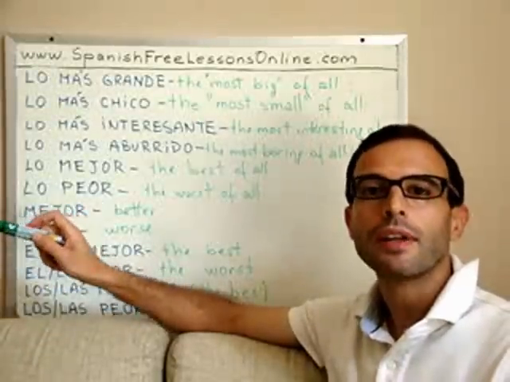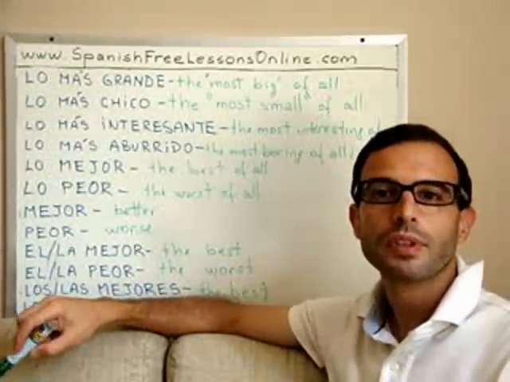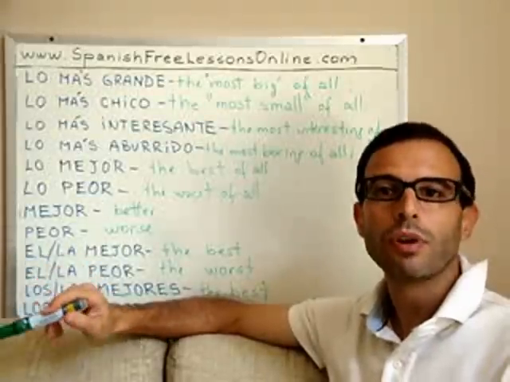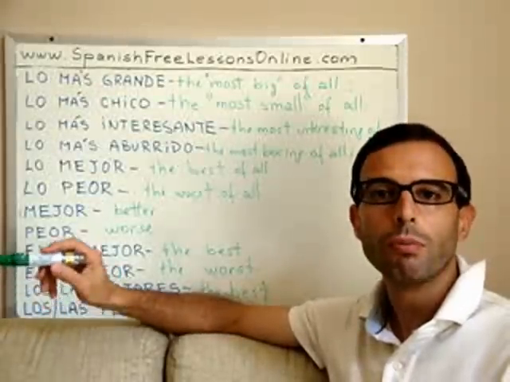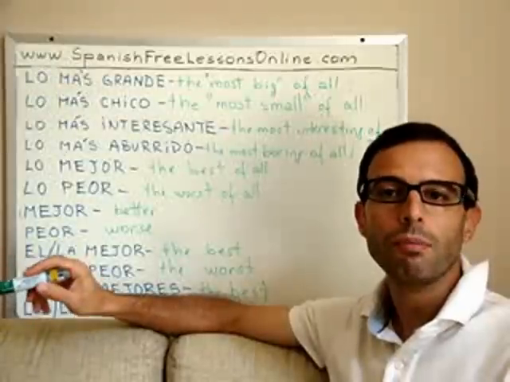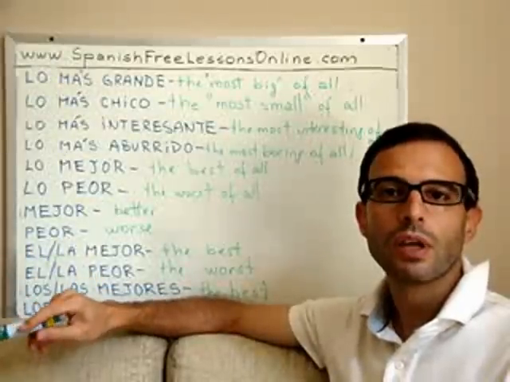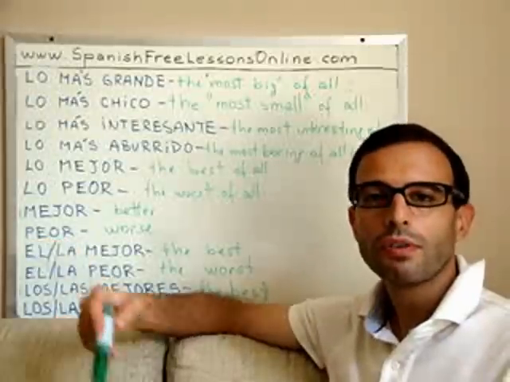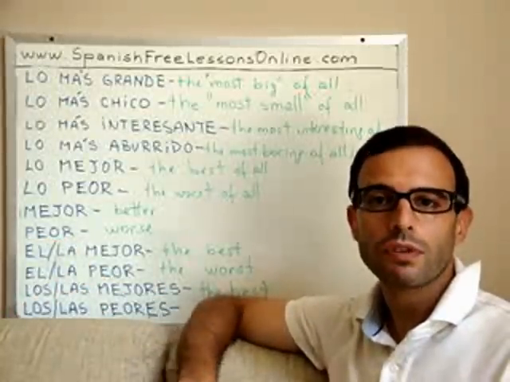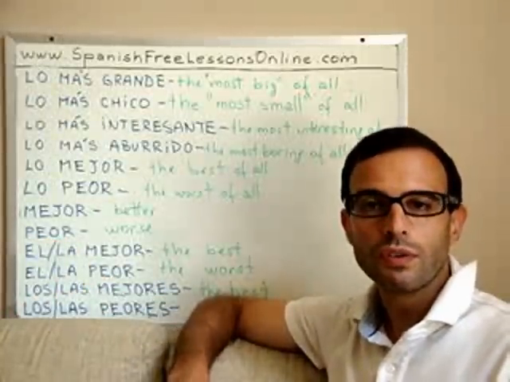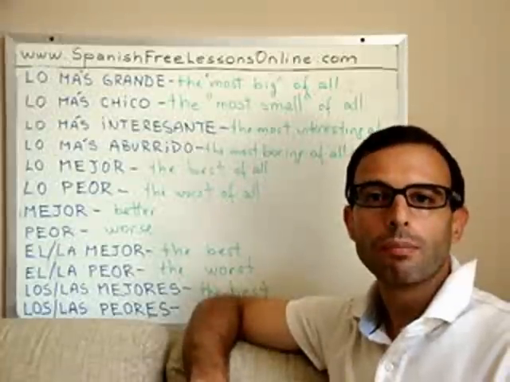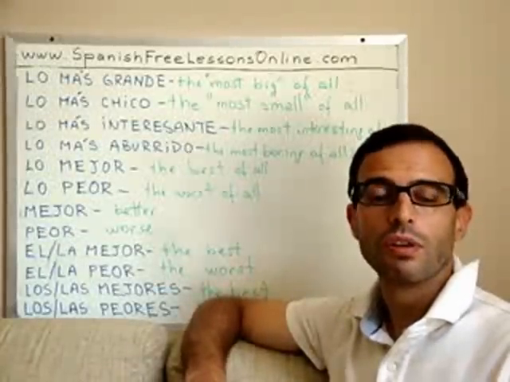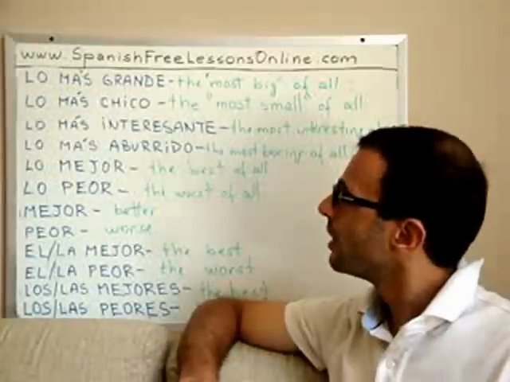El más grande, el más chico, el más aburrido, el menos aburrido, that means the most boring or the least boring. Más aburrido, more boring than. All those things we've seen in the previous lesson, although we still haven't seen examples written using those new words.